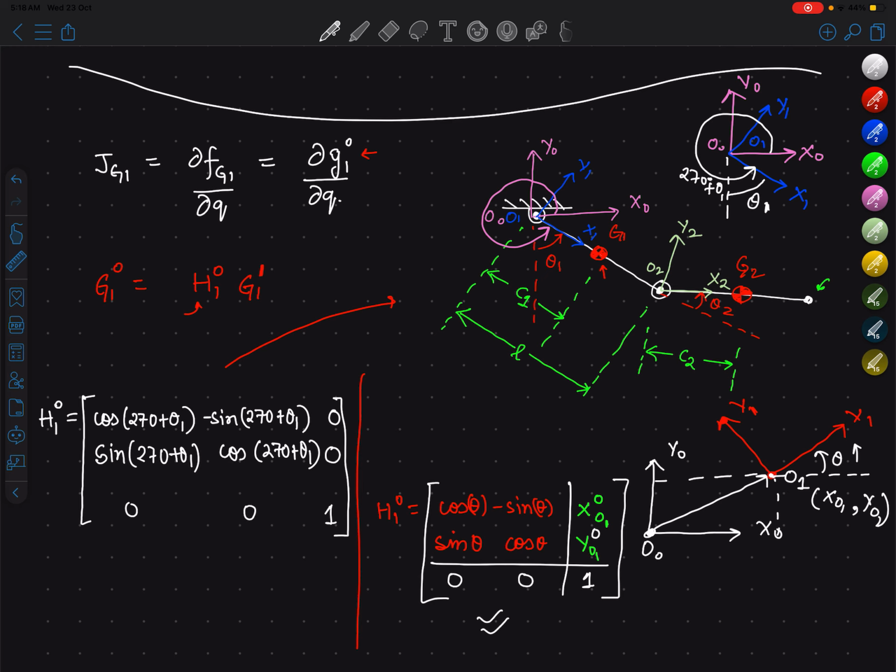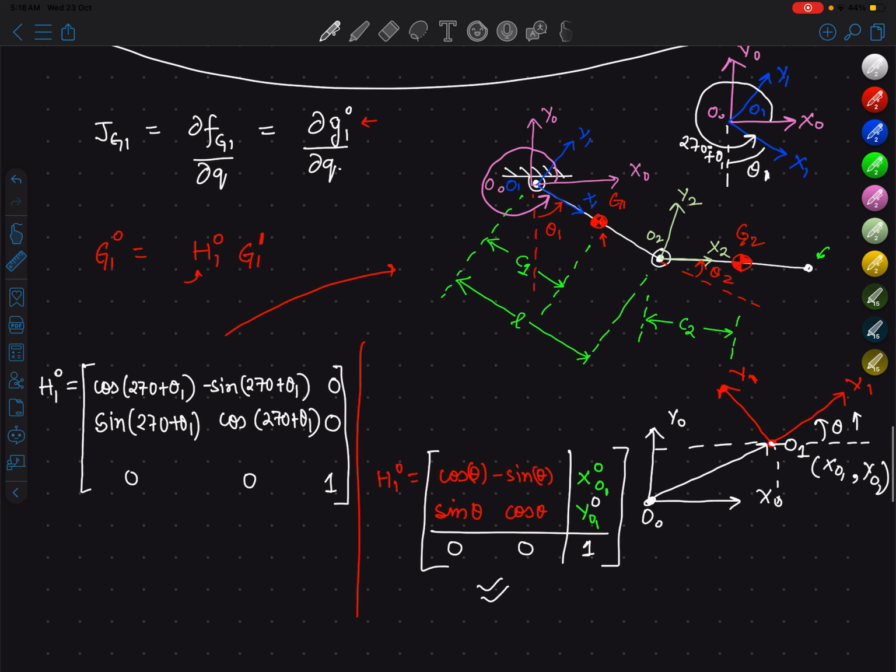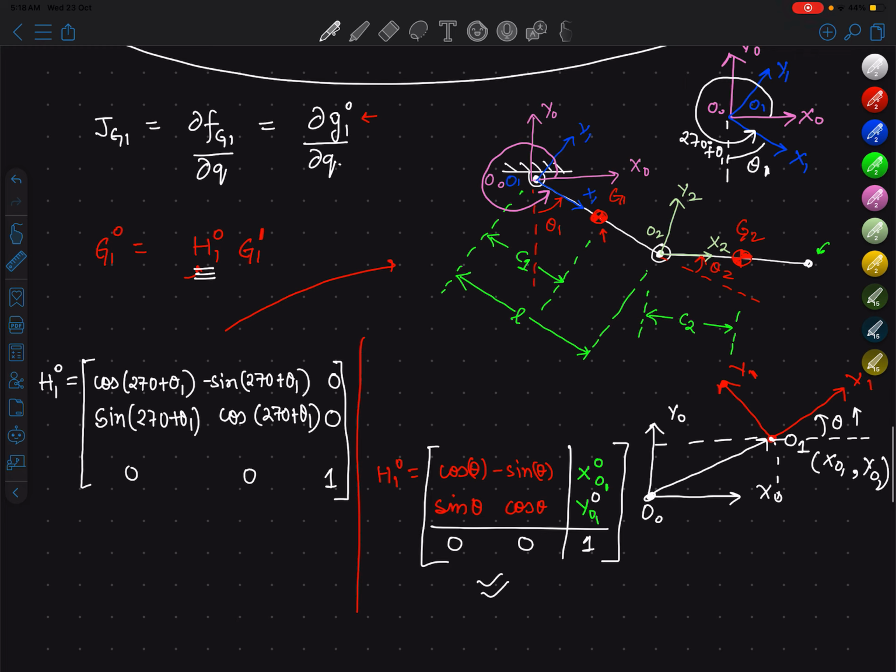Now let's write what G1_1 is. We have already written this. If you look here, G1 is along the axis itself, right?